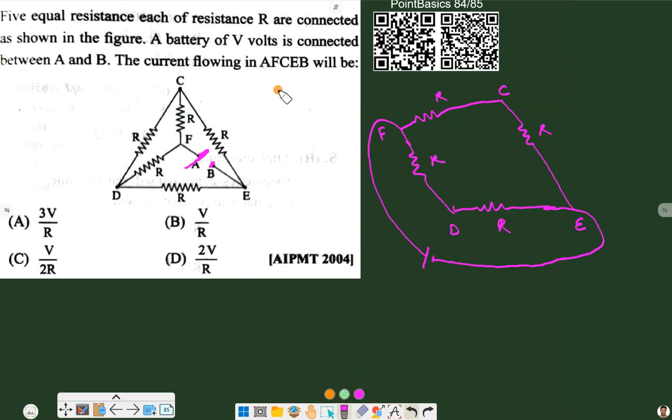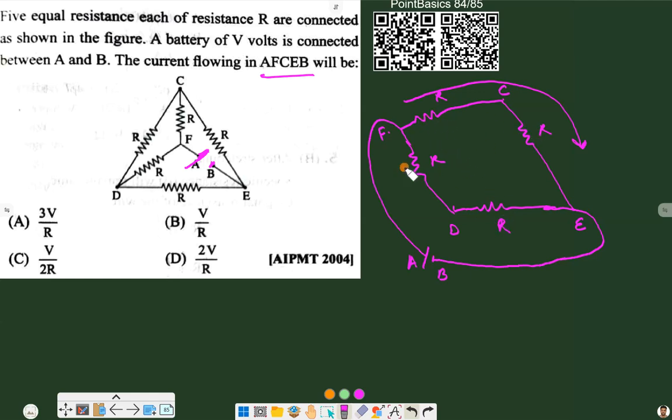Now we have to find current AFC. So this is A, this is B, AFC EB. So we have to find current in the upper arm. Now R and R in series, again R and R in series.